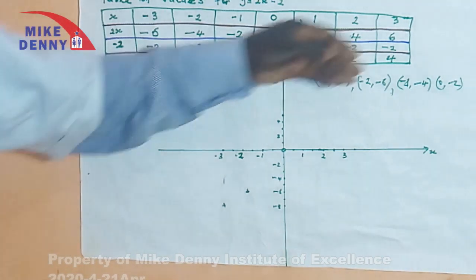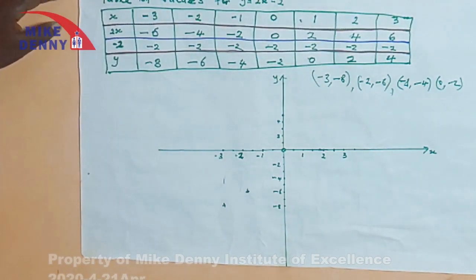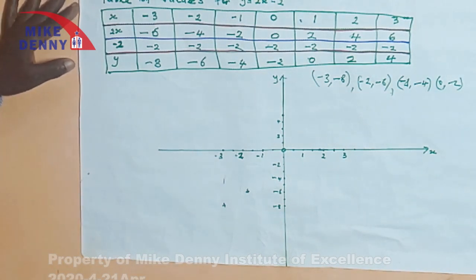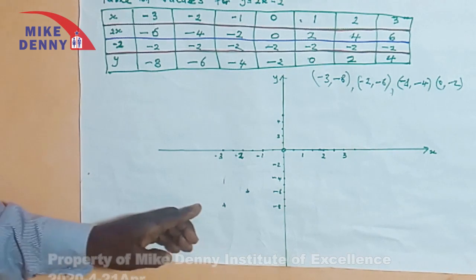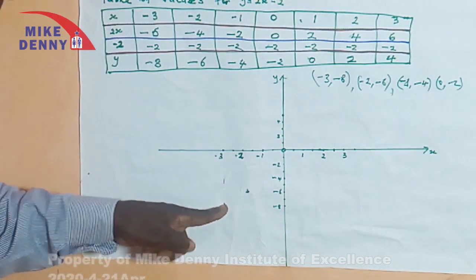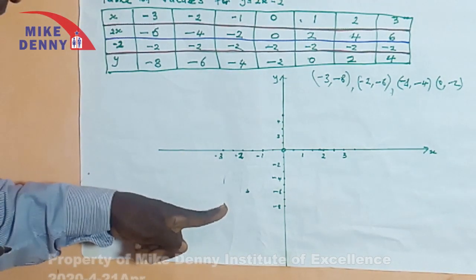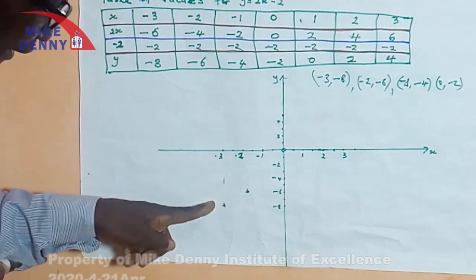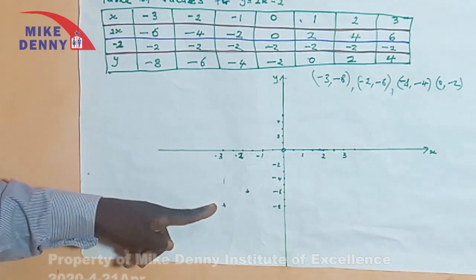And when you plot all the relations, you now take your ruler and make sure that the line that is linking all of them passes through the intersection of the vertical and horizontal axis.